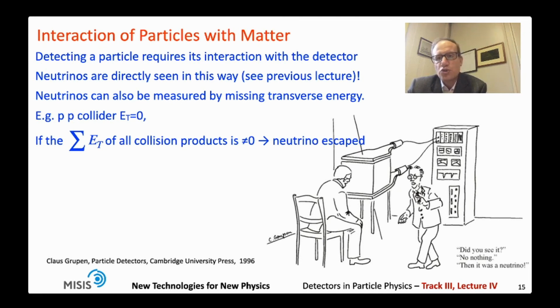So if you are sure that there are no other escaping particles, then all the energy which is not visible can be attributed to a neutrino, and then you indirectly see the presence of a neutrino by detecting missing transverse energy.